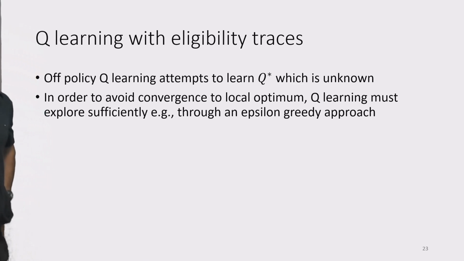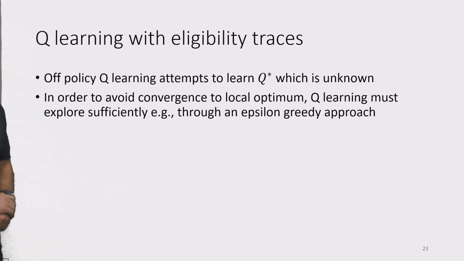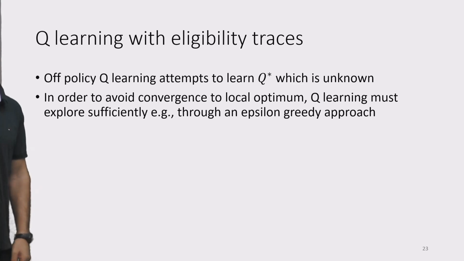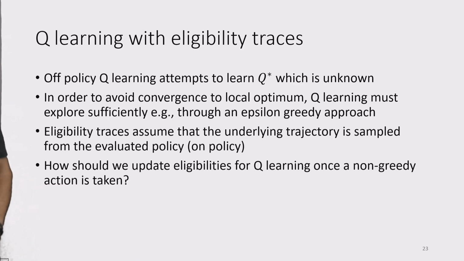Now, in order to avoid convergence to a local optimum, as before, the Q-learning approach must explore sufficiently, right? We have to do infinitely often visitations. So, for instance, by using an epsilon greedy approach, we can have this property. However, eligibility traces assume that the underlying trajectory is sampled from the evaluated policy, right?